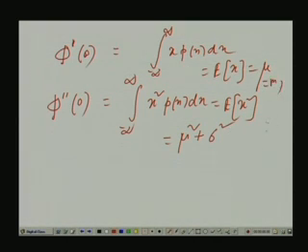Mu was the first order moment m1, this is the second order moment m2. Okay, so you can see this.